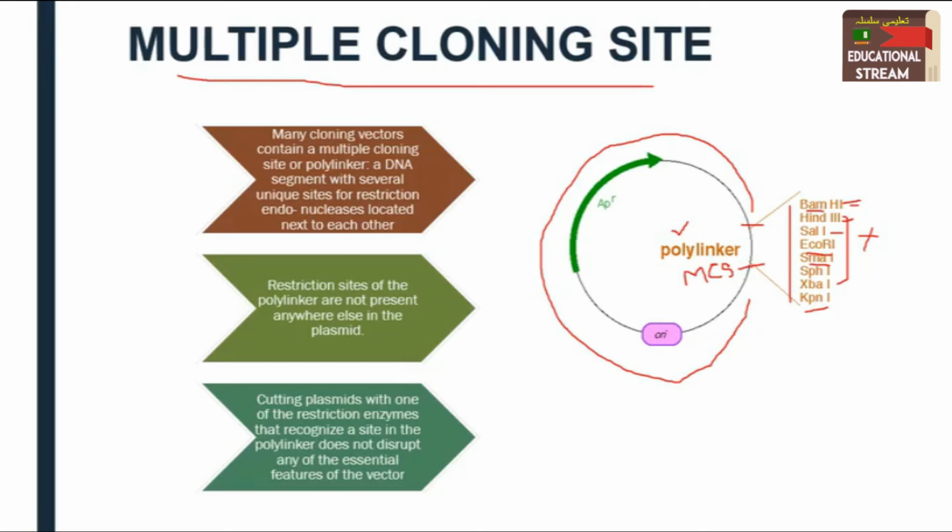Or if we are treating it with more than one enzyme, like BamHI as well as SmaI, then what will happen? It will make a cut over here and here. This fragment will be lost, and this is a fragment which only contains the restriction sites. So this is not affecting the other properties of the plasmid, and all the other properties of the plasmid will remain intact.